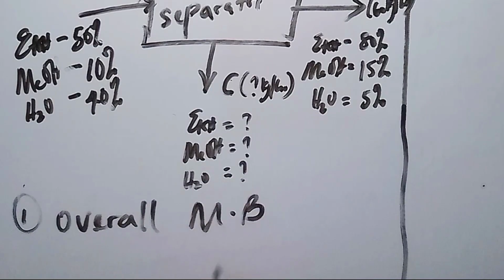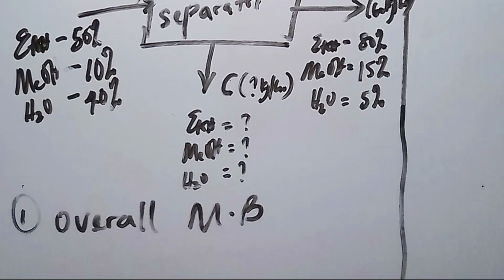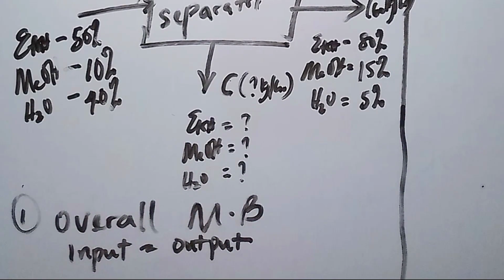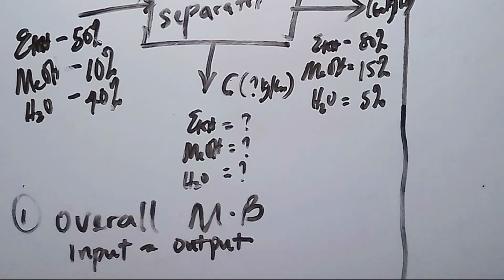So remember our equation is input is equal to output. Now let's look at this diagram and bring out our inputs, the stream going in, and the streams going out to one side. All input should be on one side, all output on the other side.